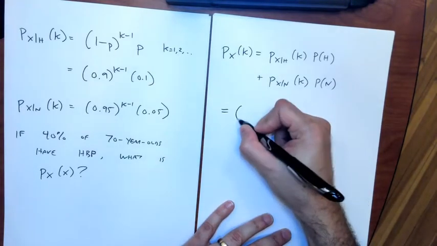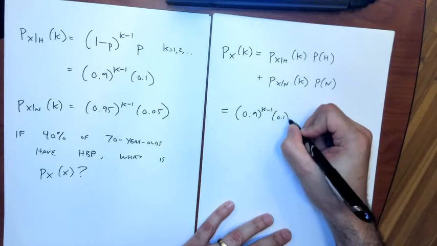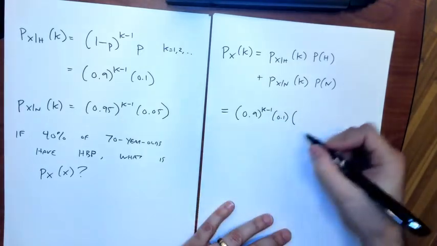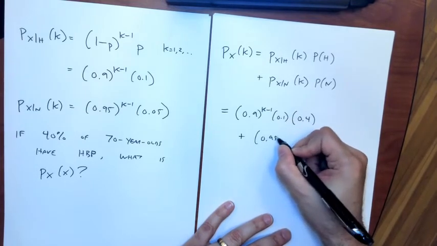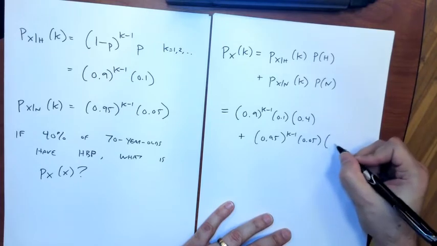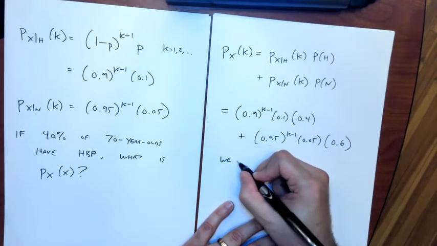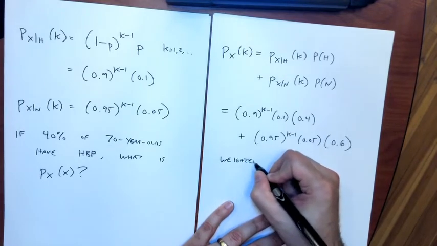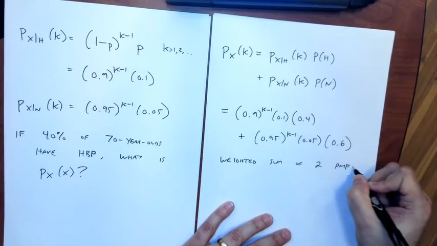And if I want to be really explicit about it, I just multiply these together. Here's the high blood pressure PMF times the probability of that happening, which is 0.4, plus the normal blood pressure PMF times the probability of that happening, which is 0.6. It's basically just the weighted sum of the two original PMFs.